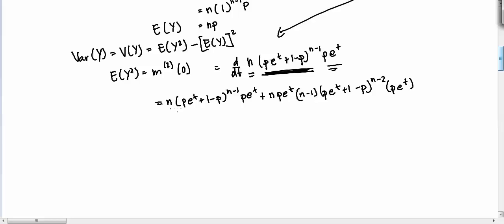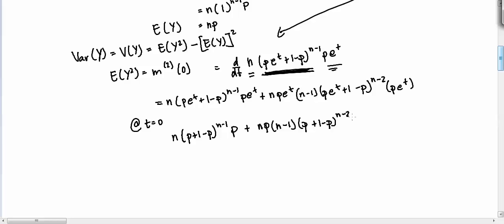So that's a pretty complicated, crazy thing, but it's not so bad because all I have to do is evaluate it at t = 0. Plugging in t = 0, I get n times (p + 1 - p)^(n-1) times p, plus np times (n-1) times (p + 1 - p)^(n-2) times p.